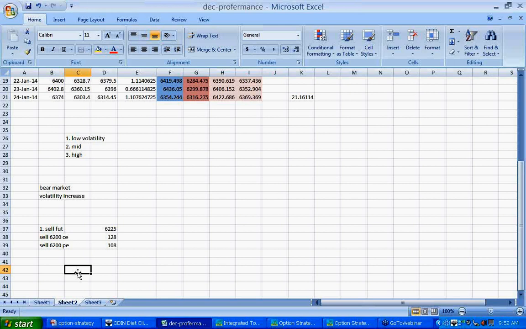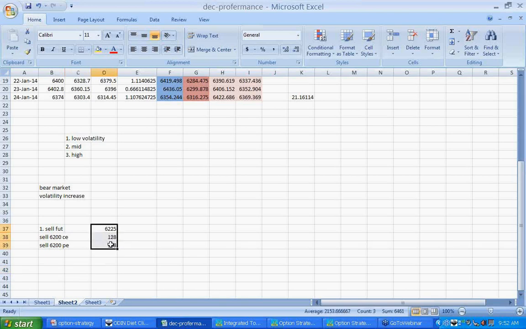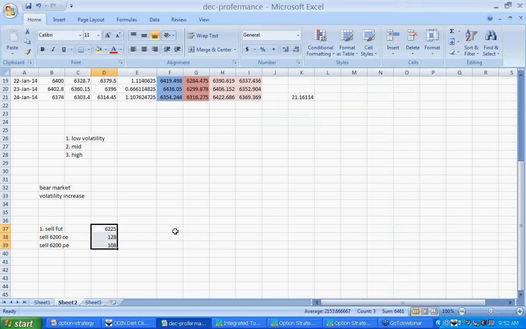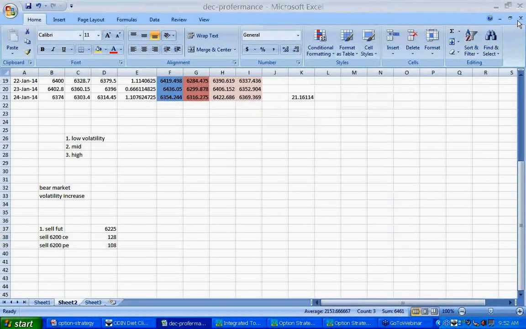However, I have one major risk here. From now, if the prices start increasing, then I am going to lose money. So for that reason, very carefully listen to this aspect. This is very, very important. I have managed my time value part by selling a call option and put option, and this money has come to my pocket.